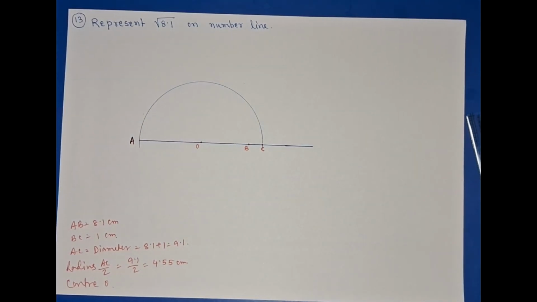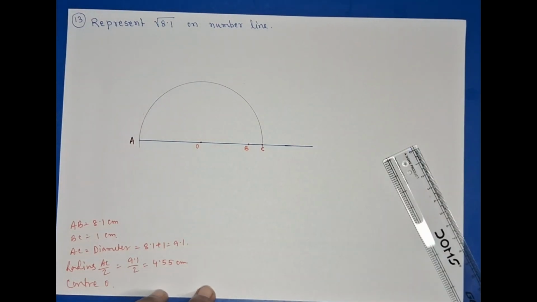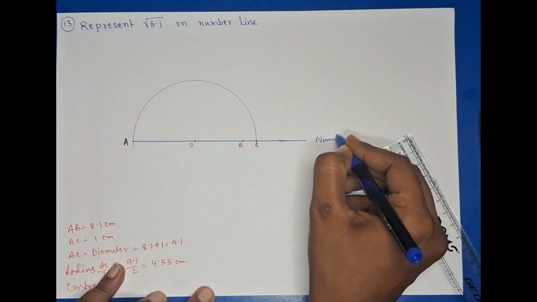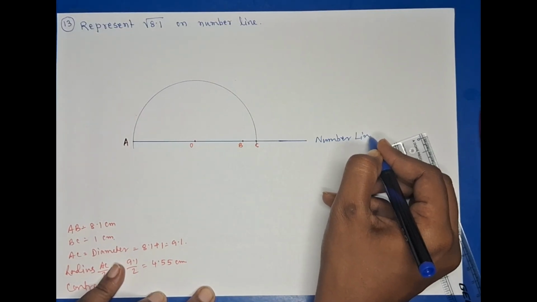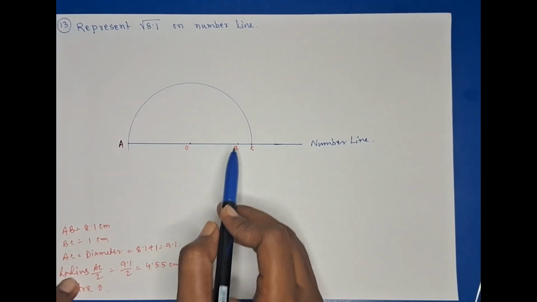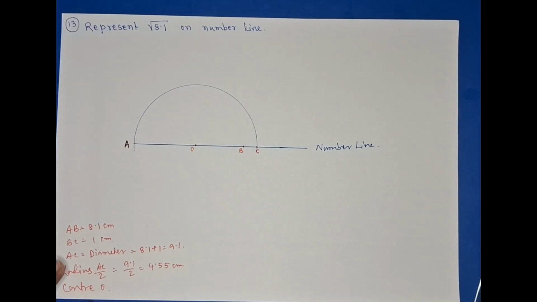What is the next step? We are going to draw a line perpendicular to this number line. Again, we are writing it as number line. We are going to draw a line perpendicular to this number line from point B. So let us draw it.